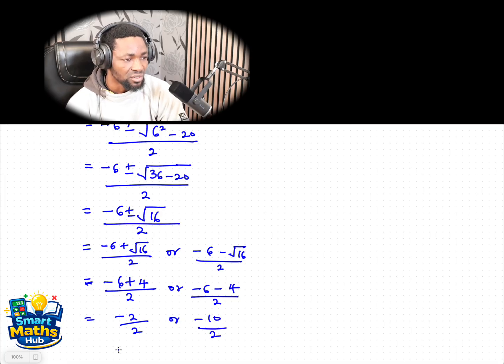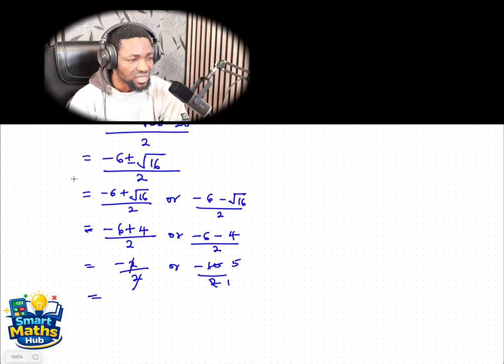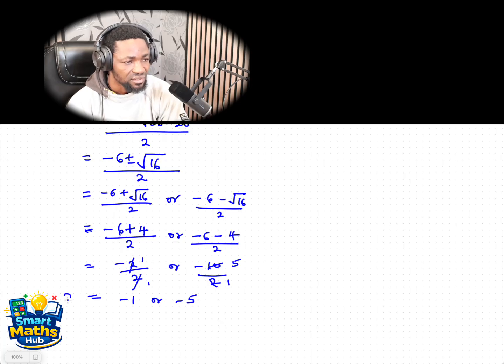So we have 2 cancel 2, here we have 1. And here we have 5, right? So what's our final answer here? Our final answer should be minus 1 or minus 5. So that's the value of x.